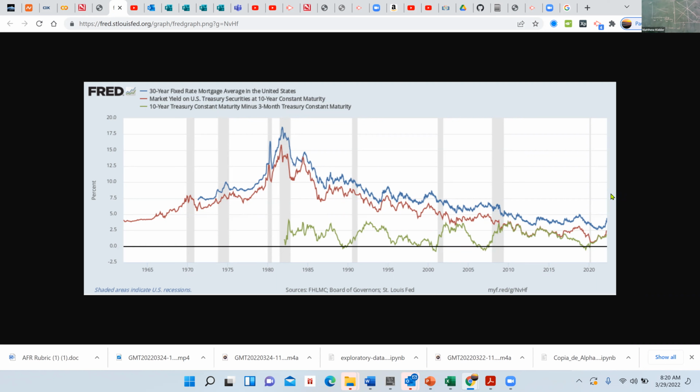The nominal interest rate here on a 10-year, we'll say is 2.5. So we have 2.5 minus 7.9. Look at that. Positive or negative, folks? Negative. We have a negative real interest rate.